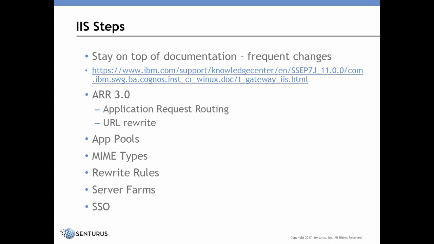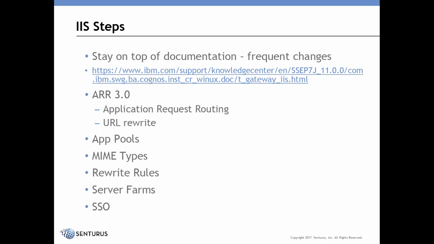You have to go to Microsoft's website and download the ARR 3.0 software that contains two specific pieces that you're going to need for Cognos Analytics, mainly the application request routing, the ARR, and the ability to add URL rewrites, which are a big part of the web content as well.